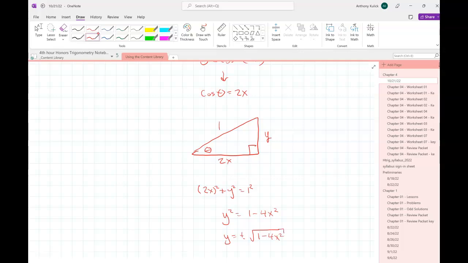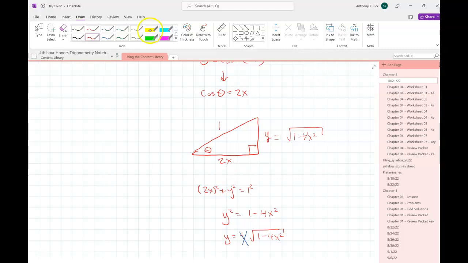Now, in these kinds of problems, we're always going to assume we're working in the first quadrant, so we can drop the plus or minus and just call that positive. Is everybody okay with what I did there? That's the hard part.